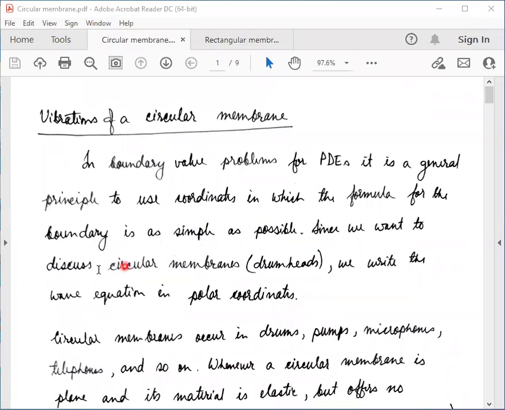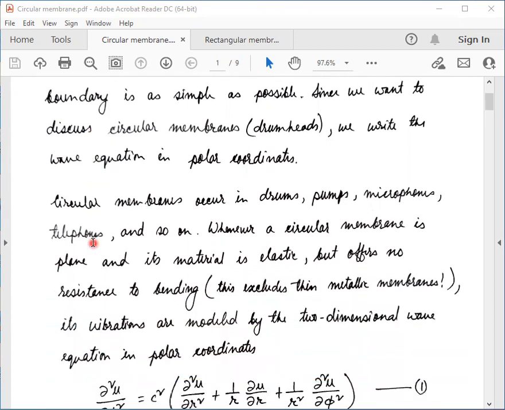Since we want to discuss circular membranes like drum heads, we write the wave equation in polar coordinates, because the boundary is circular.